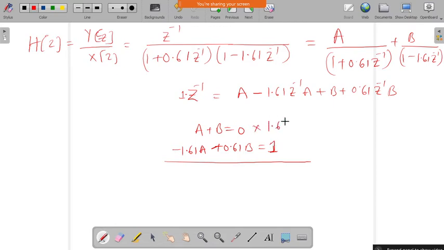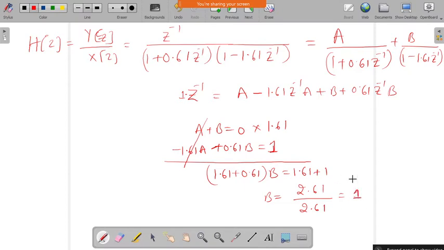Multiply this by 1.61 and then add it. So if you add, this A will cancel. So now 1.61 plus 0.61 into B, which is equal to 1.61 plus 1. Now B is equal to 2.61 divided by 2.61, which is equal to 1. Now the value of B equal to 1, and similarly, by using this equation again find out A. So A plus B equal to 0. So if B equal to 1, then you are going to get A equal to minus 1.